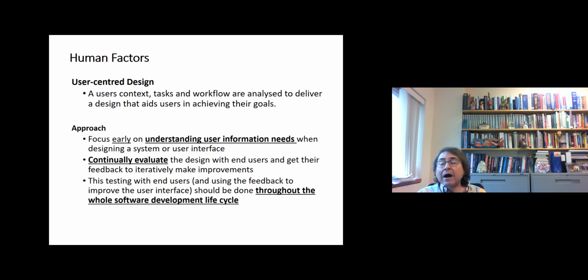We continually evaluate the design within practical limits, as we mentioned last week, to get user feedback and iteratively make improvements before it's too late and the system goes out. But as I said last week, even with commercial products, we can apply these principles to optimize the implementation. And the last tenet of this is that this should be done throughout the whole software development lifecycle.